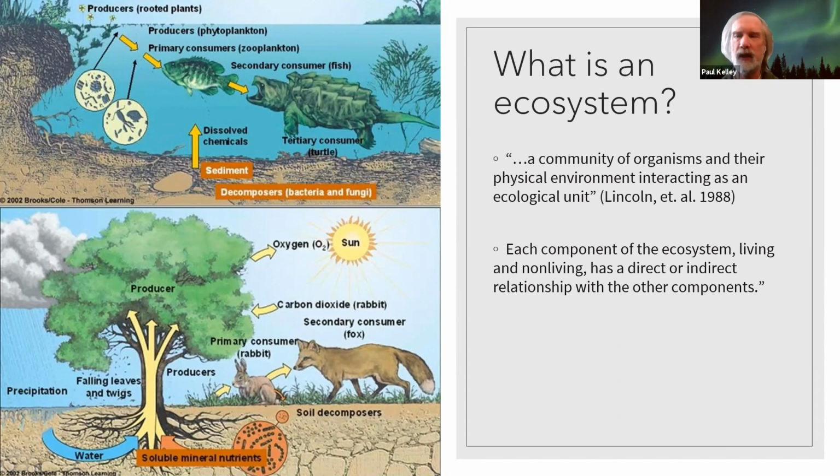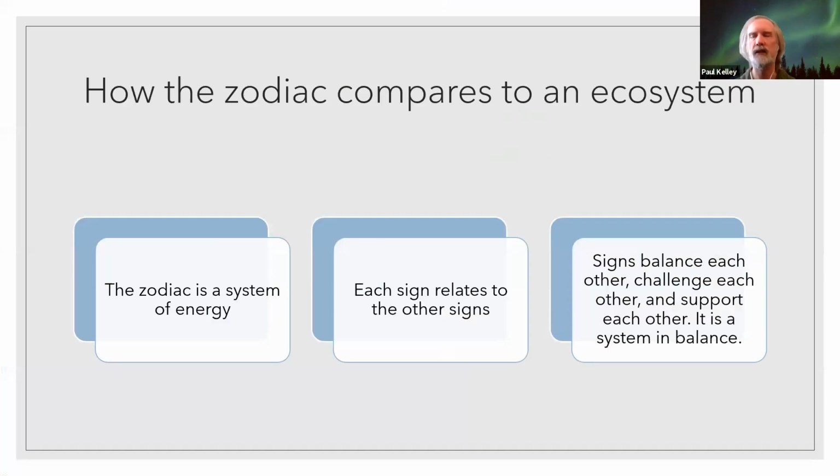It's an animal eating a plant, that animal getting eaten by another animal, that animal dying, decomposing, getting broken down by microorganisms, returning to the soil providing nutrients for plants to grow, creating oxygen, using the sunlight, getting water in, all of these things working together, relationships interacting and depending on each other. One element of that changes and the entire ecosystem changes. So how is the zodiac, the 12 zodiac signs, like an ecosystem?